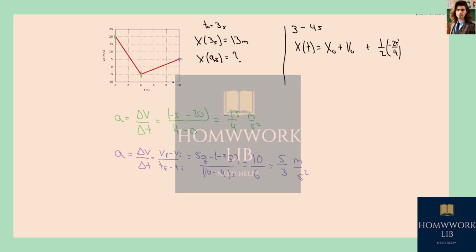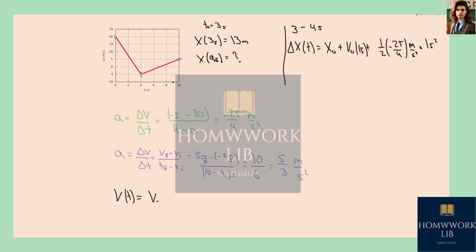Let me clean up these equations over here just to make it more clear. Times minus 25 over 4 meters per second squared times 1 second squared. This is going to be the delta x from 3 to 4. Over here, we're going to have 1 second as well. And the value for the velocity is unknown. So to get it, let's look at the function of velocity as a function of time.